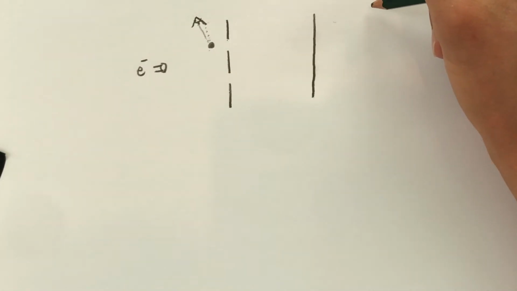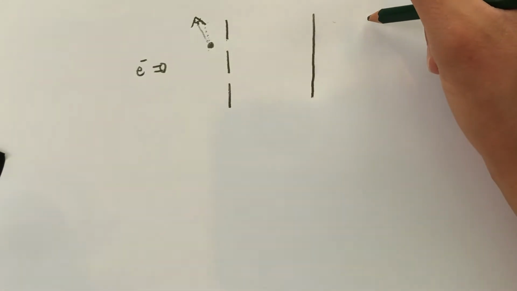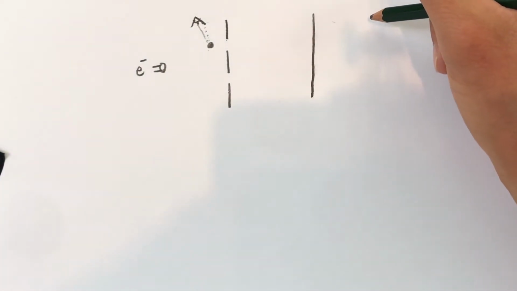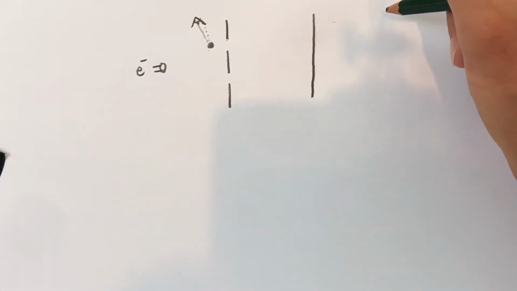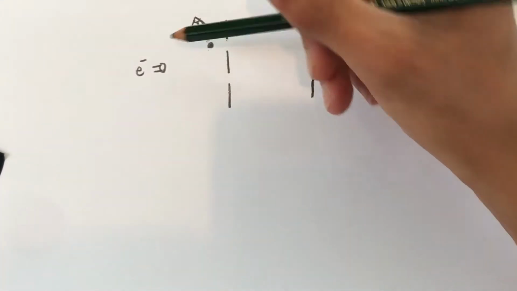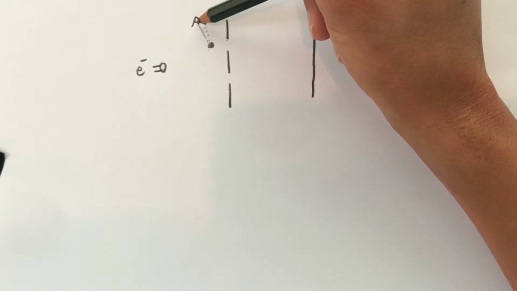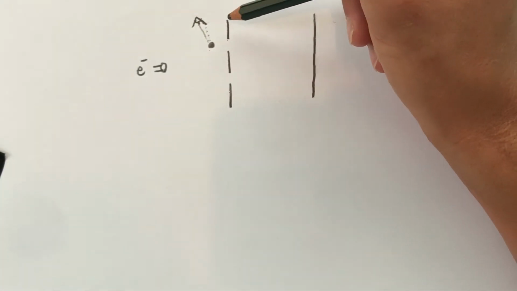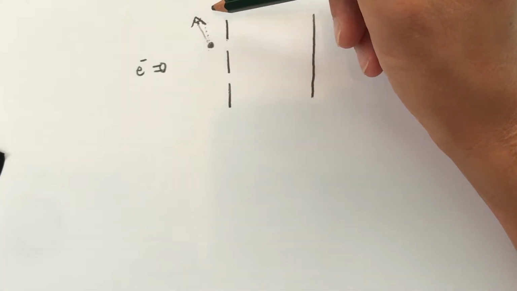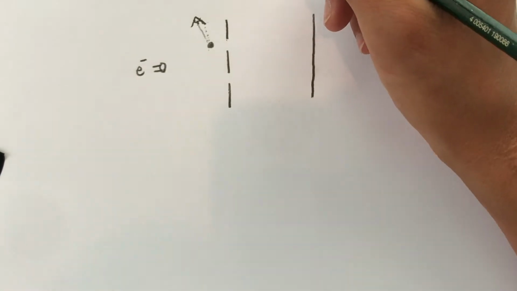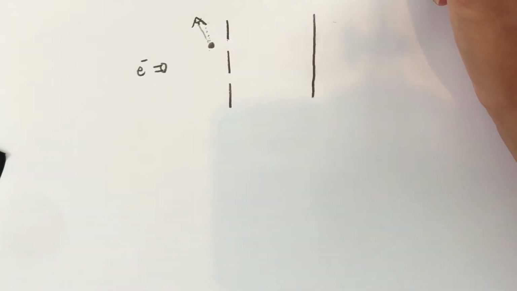Because you see, light can have an intensity. How much light, the amount of light beams or photons that comes out, that leaves this apparatus at a given time. That's the intensity. But the intensity does not alter with the energy.